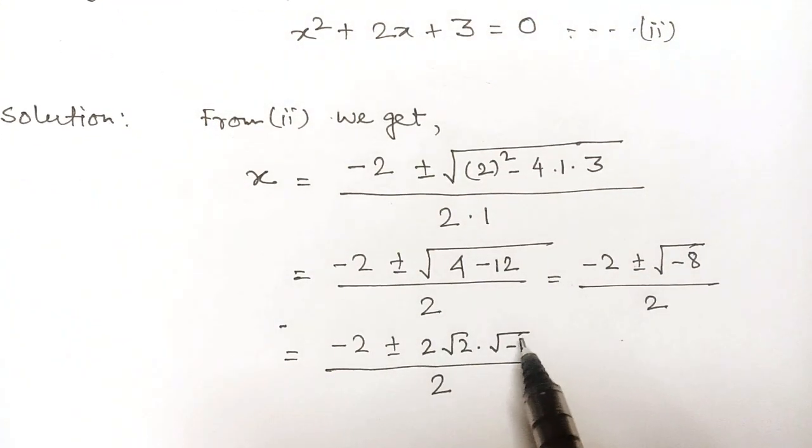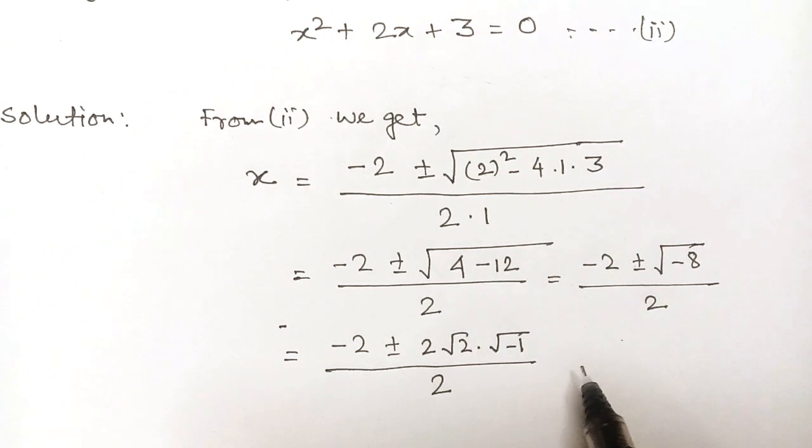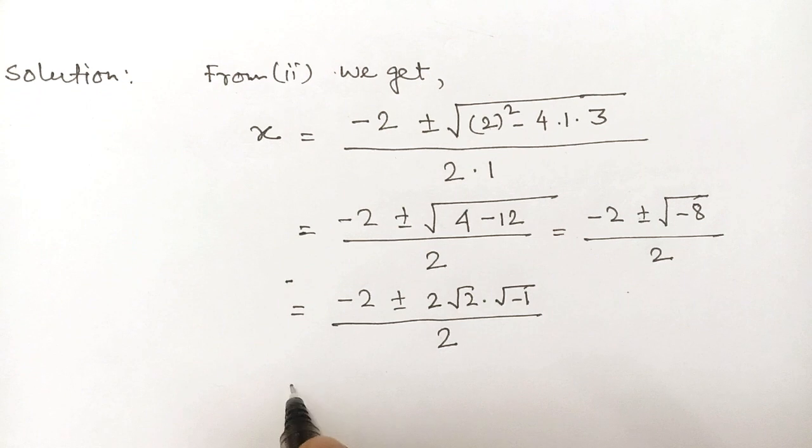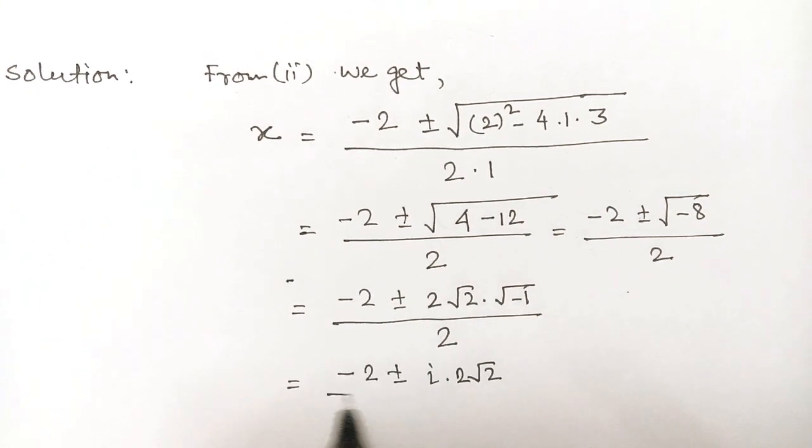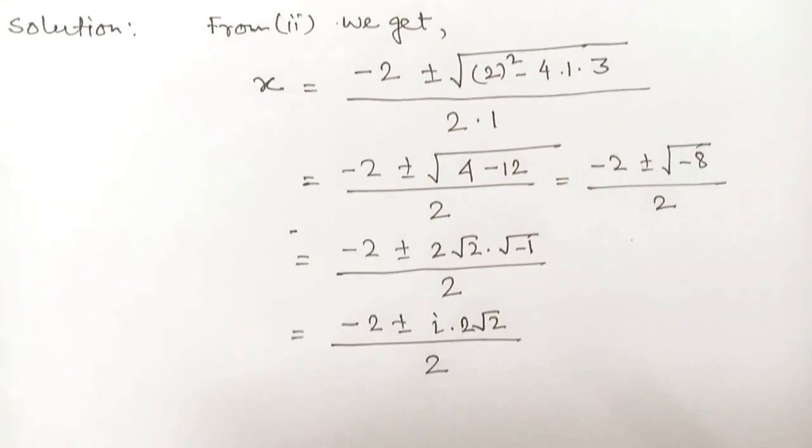Now this root over of minus 1 is i, the imaginary number. Imaginary number is denoted with an i. So this will become minus 2 plus minus i into 2 root 2, divided by 2.